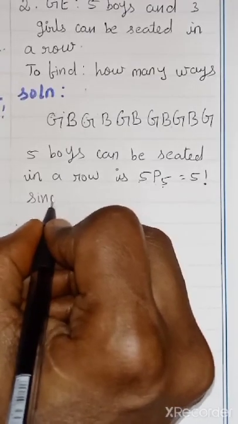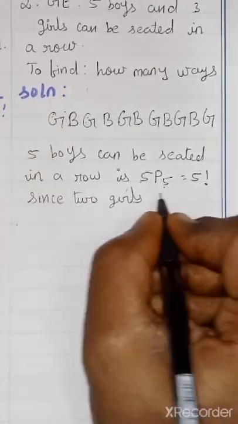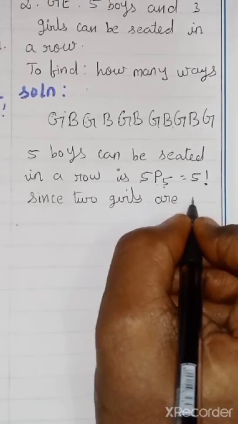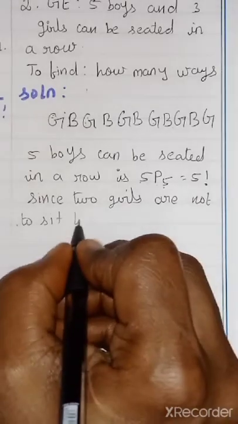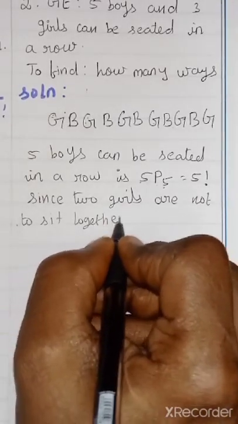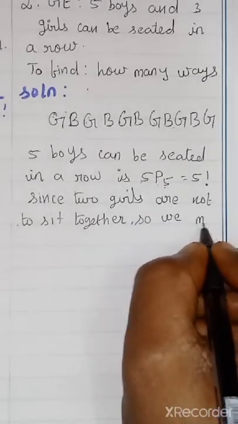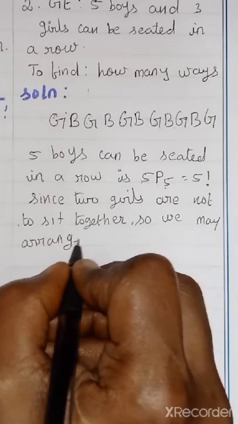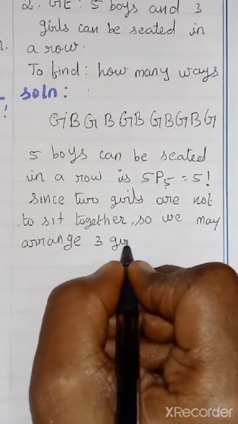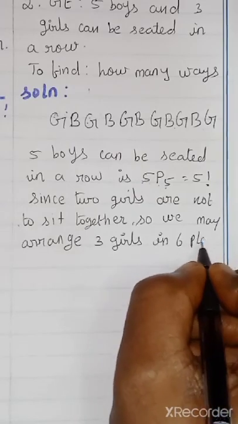And what is the condition? Since 2 girls are not to sit together, we may arrange 3 girls in 6 places.